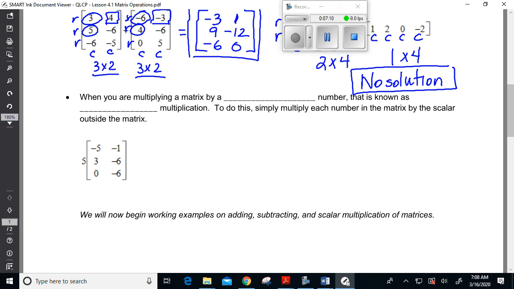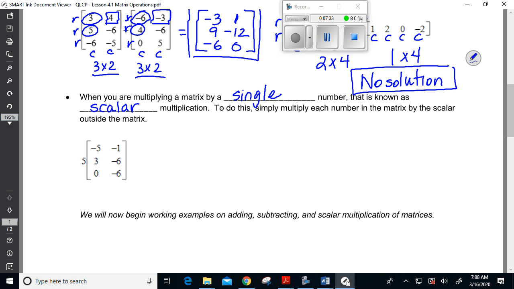But when you are multiplying a matrix by a single number, that is known as scalar multiplication.